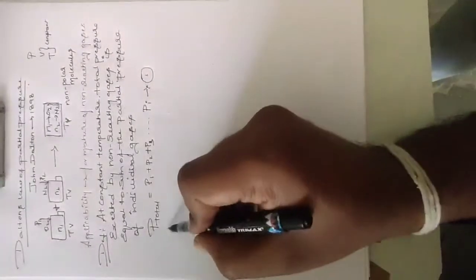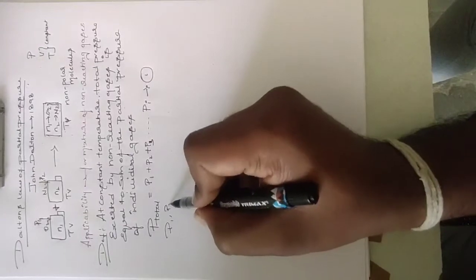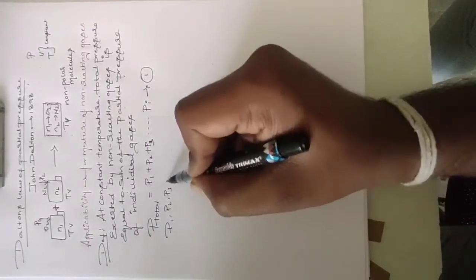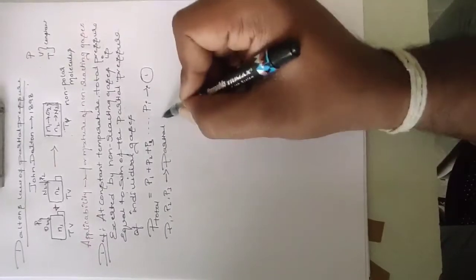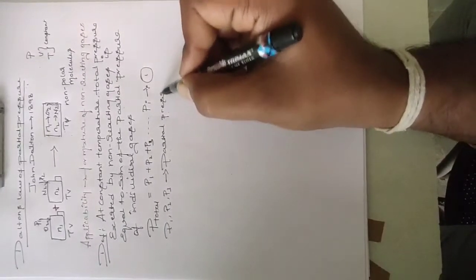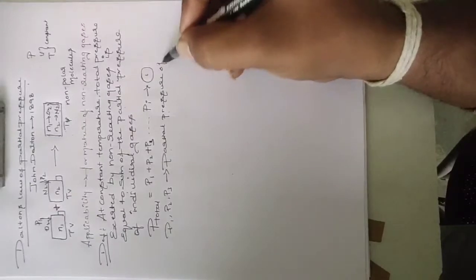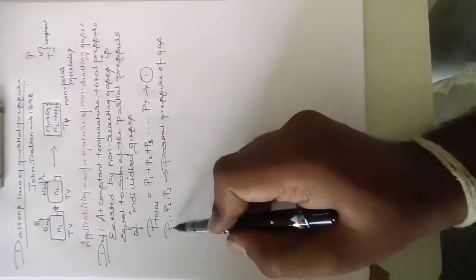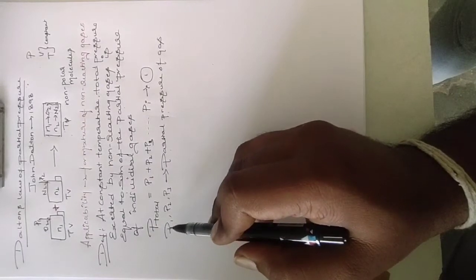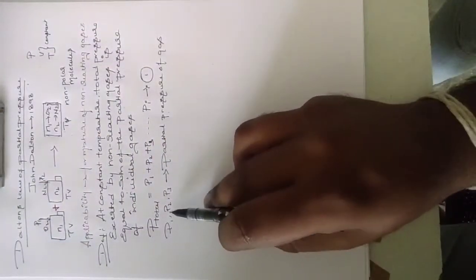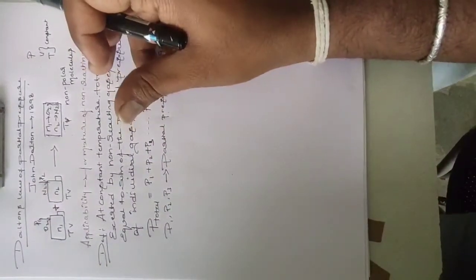P1, P2, P3 are the partial pressures of gases. The partial pressure P1 means one particular gas, and the partial pressure P2 means another gas, different gases.